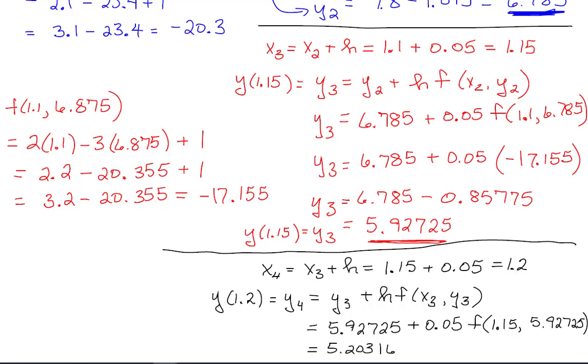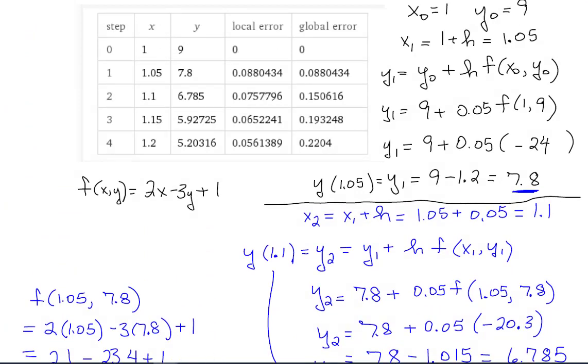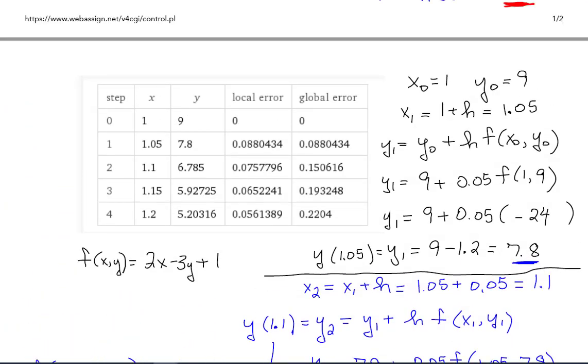That's why it's good to do a few of these by hand, but if I wanted to do 1,000 or 10,000 steps, I certainly would want to use the computer. But doing it by hand, if you check the numbers that I finally ended up with, these are the same numbers that you see in the table up here that we created using Wolfram Alpha.